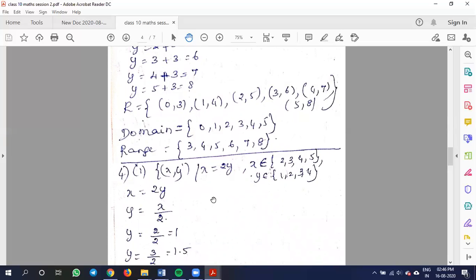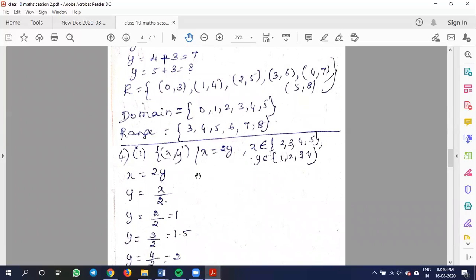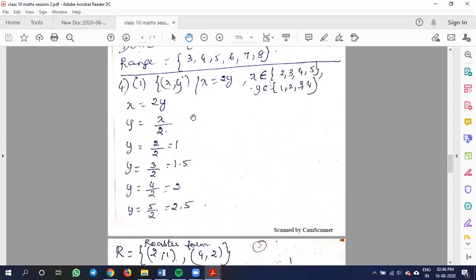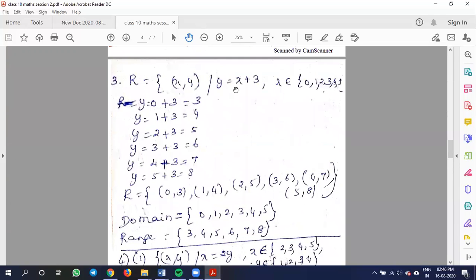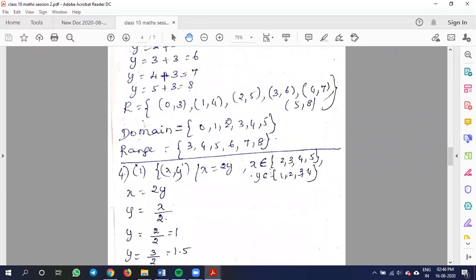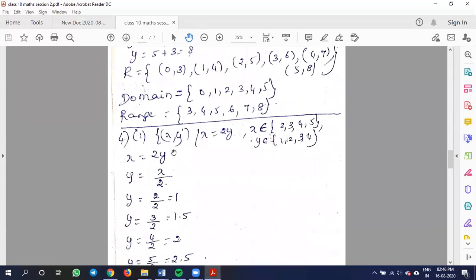But for finding the relation, you have to write y is equal to... In the previous sum, you see what is given: y is equal to x plus 3. The same way, you have to rearrange this equation, x is equal to 2y. So I'm keeping y as it is and bringing this x.